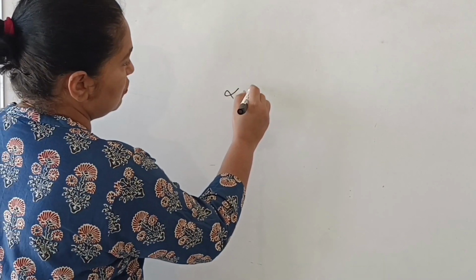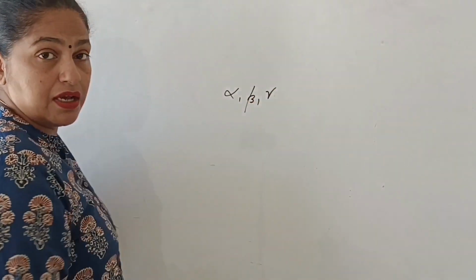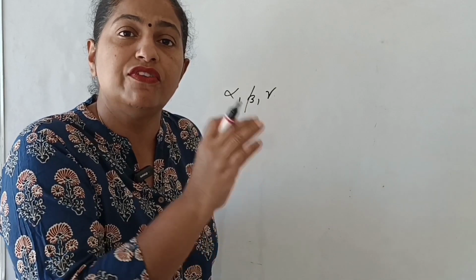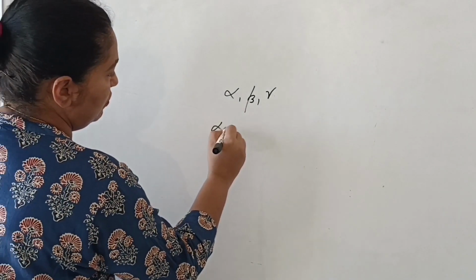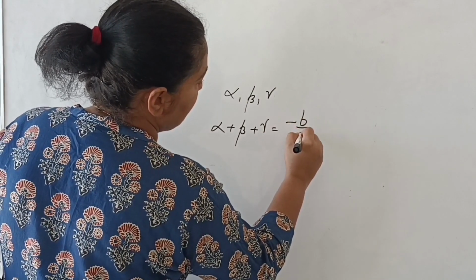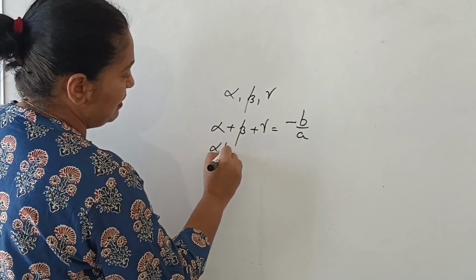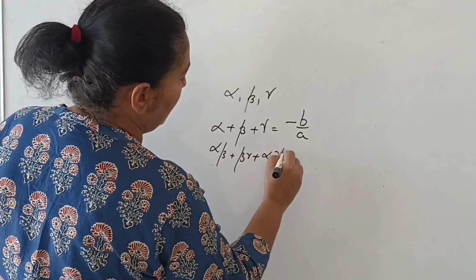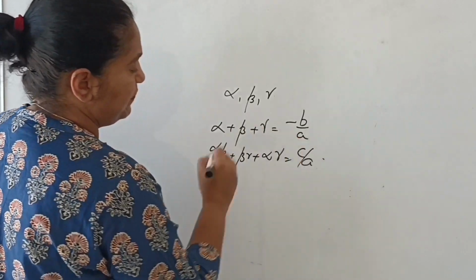So let us call the roots alpha, beta and gamma. Now let us see what is the relationship between these roots and the coefficients. So alpha plus beta plus gamma is minus b by a. Alpha beta plus beta gamma plus alpha gamma is equal to c by a.